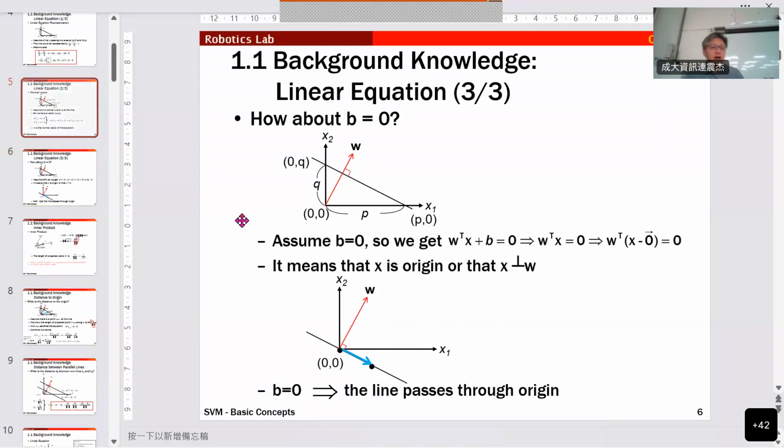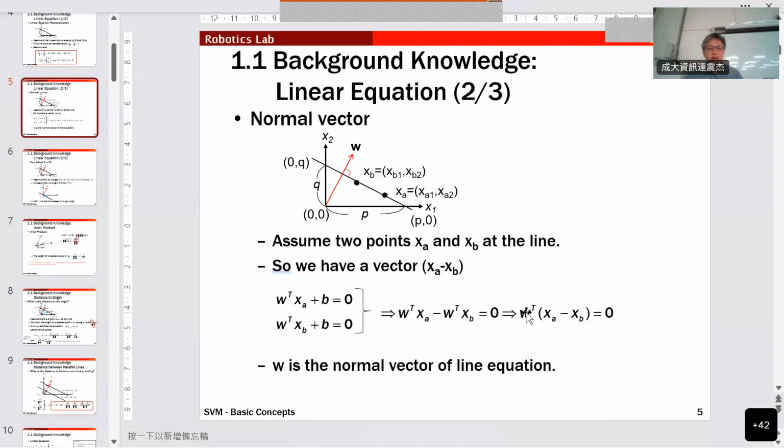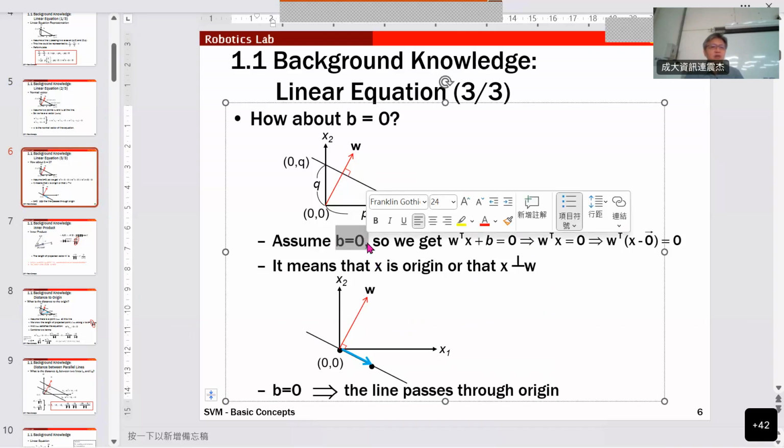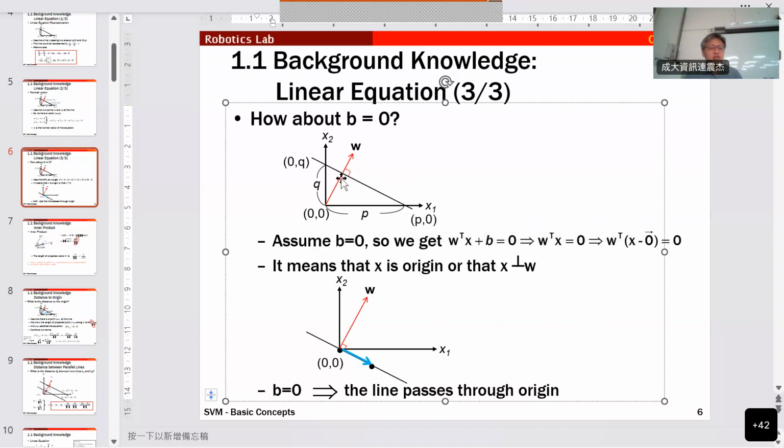We talked about w, which is rotation. Then we talk about b. So what is b in this equation? b is translation. It means the distance from 0, 0 to w. That's b.